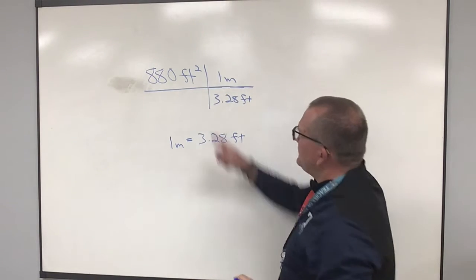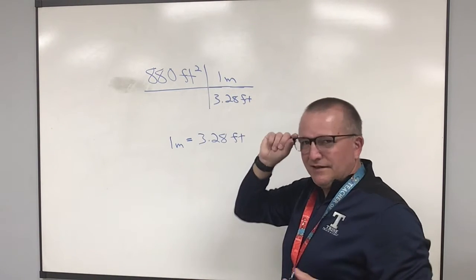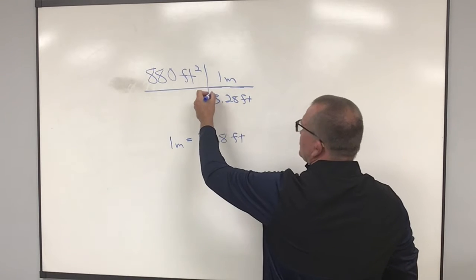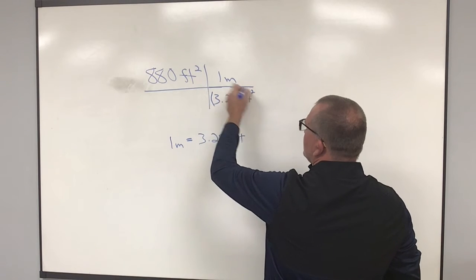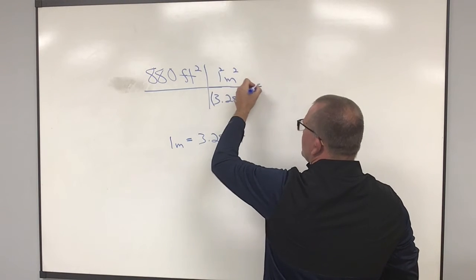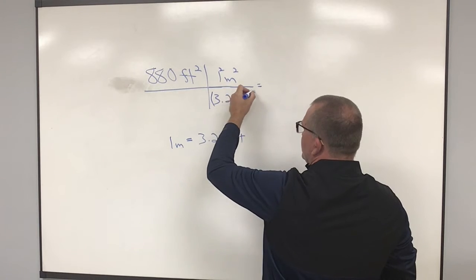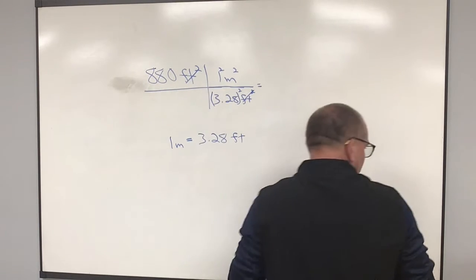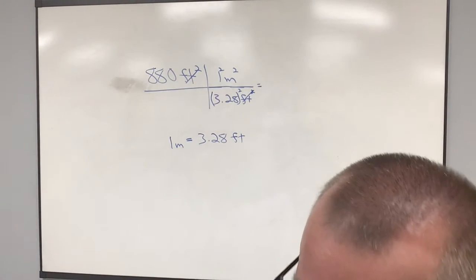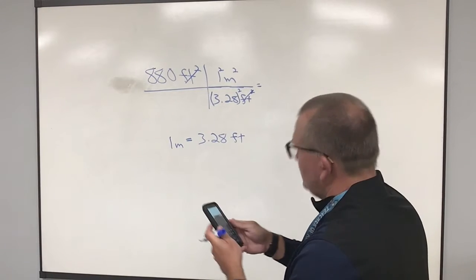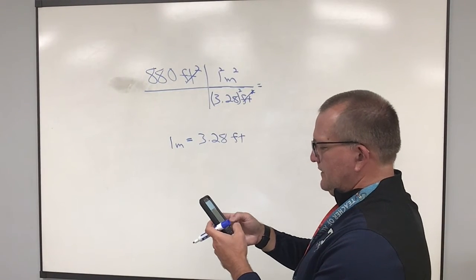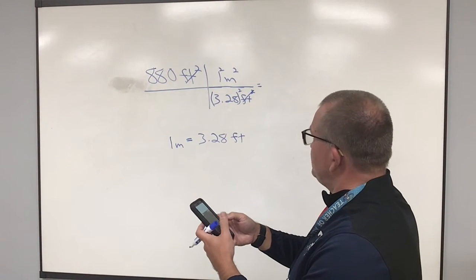But our issue is that this is squared and this isn't. So it's an easy fix. All you do is you square everything, okay? So we're squaring feet and meters in our numbers. So our feet squared will end up canceling, and our answer will be in meters squared. So with my calculator, I take 880 and I multiply by 1, which is 880.